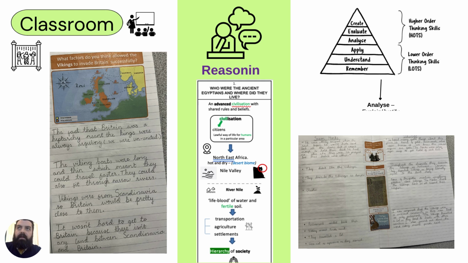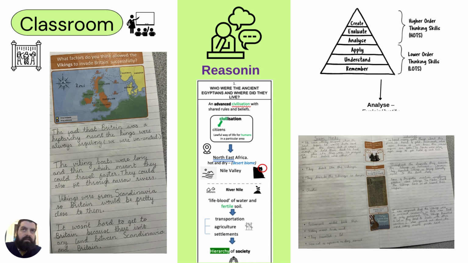Obviously with feedback and reflecting on the curriculum each year, we'll hone it and change it and tweak it. The idea within this lesson was just to think of what factors, based on the part in that lesson, allowed the Vikings to travel as far as they did or invade Britain successfully.